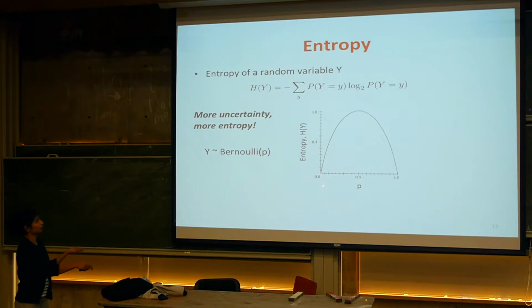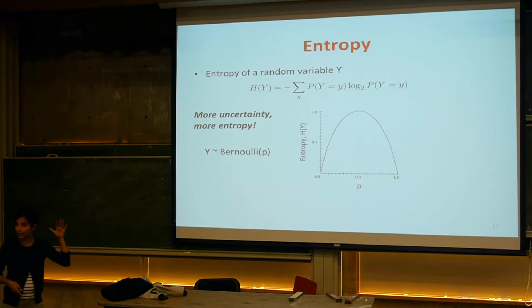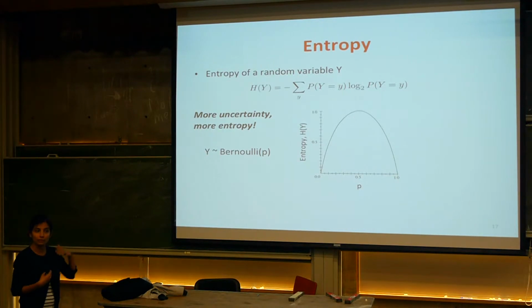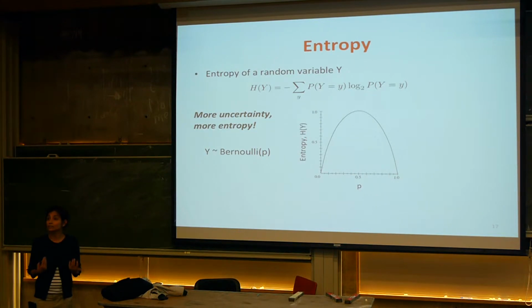So it has low entropy. So the more certain we are, the less entropy we have, and the more uncertain we are, which happens at p equal to half, where each value is equally likely to occur, the more entropy we have. So entropy is, as you can see from this example, a measure of how much randomness or uncertainty there is in a random variable. Does that make sense to everyone?